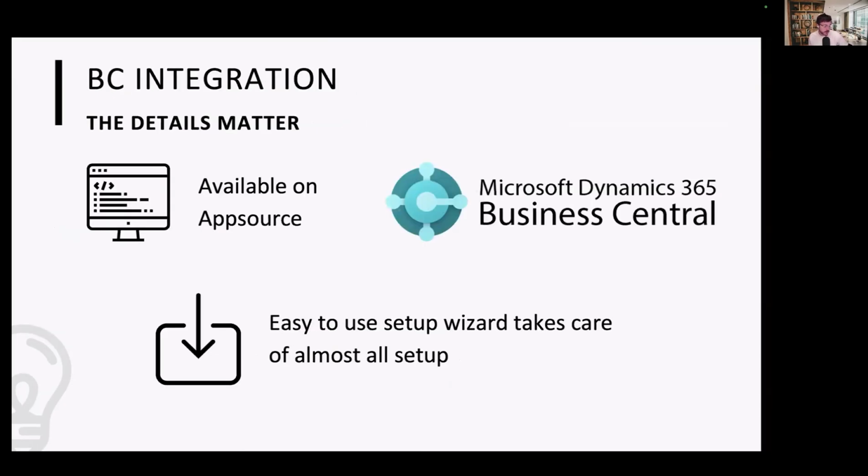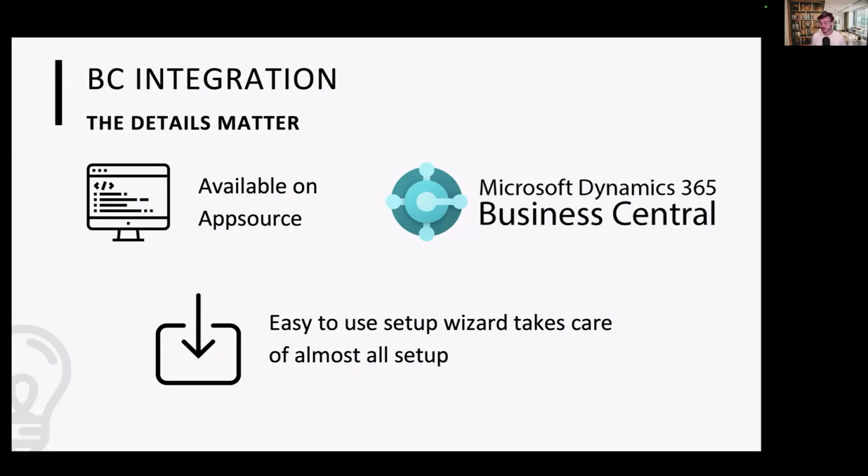Another big differentiator about us as a solution in the market: I don't have to tell you that there are a lot of AP automation providers out there, but we've really focused our setup and BC integration in a way that makes sense with how people already use Business Central, and doing so makes a big difference.